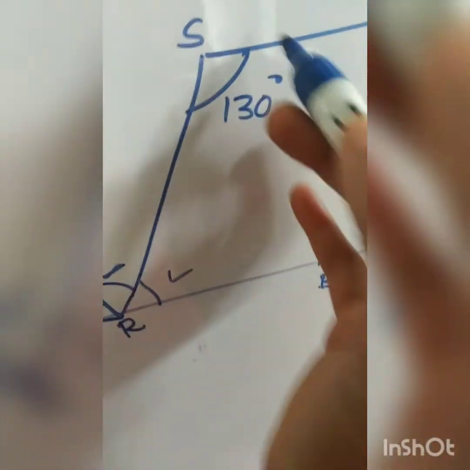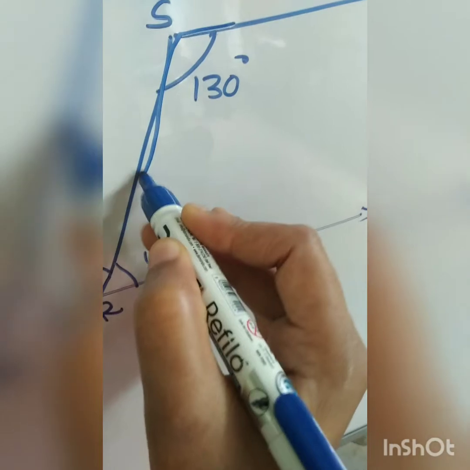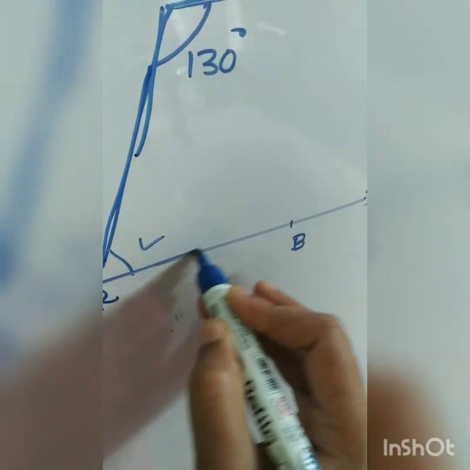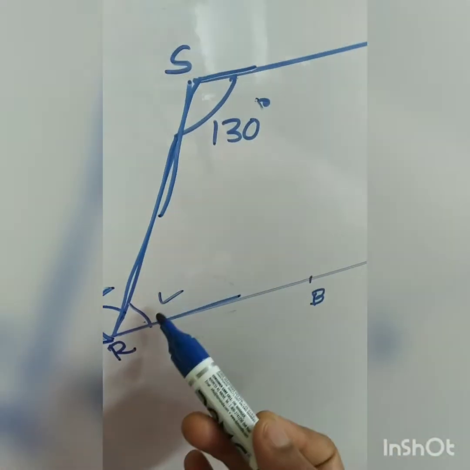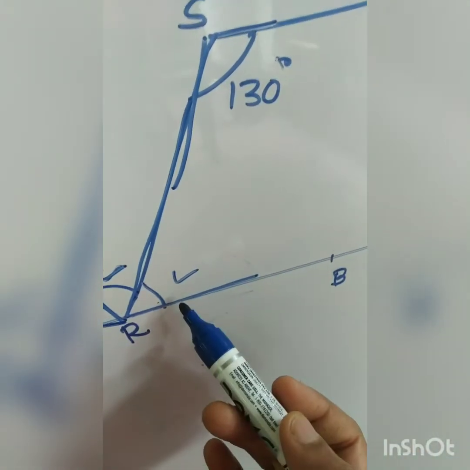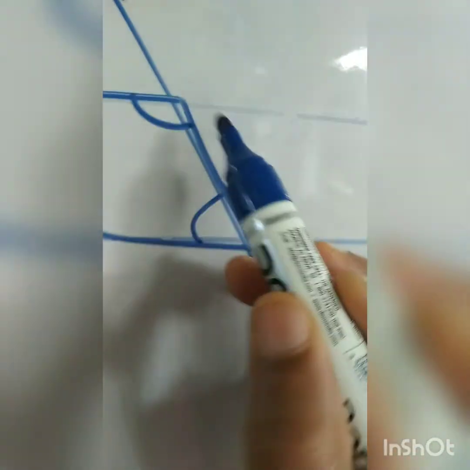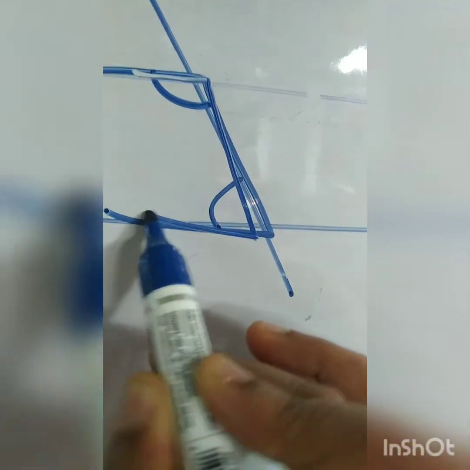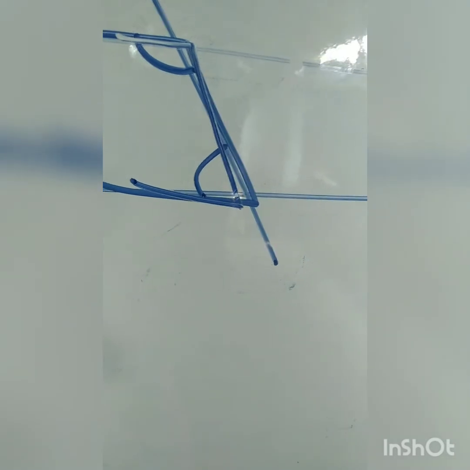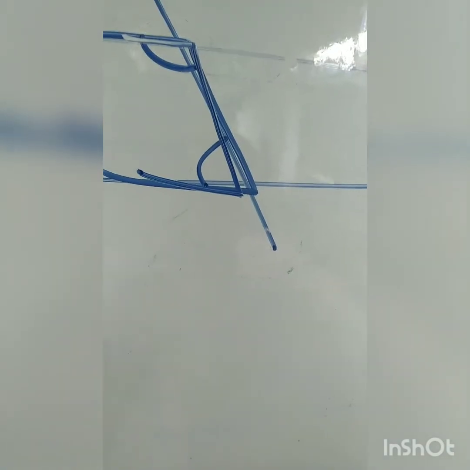In the same way, see, ST is parallel to AB. So 130 and this angle are co-interior angles. Their sum is 180 degrees.